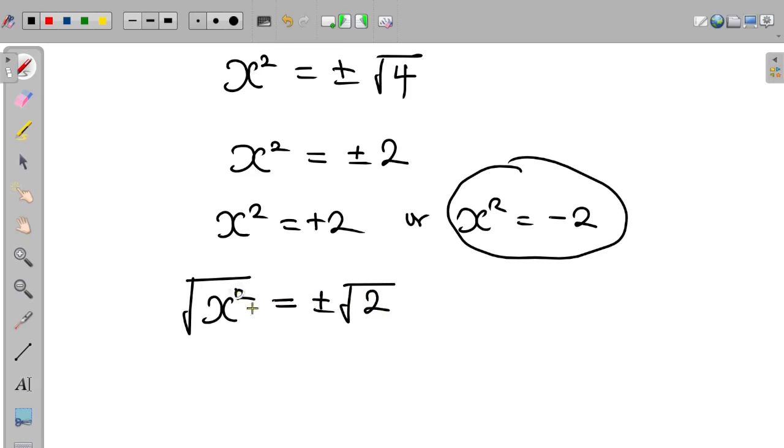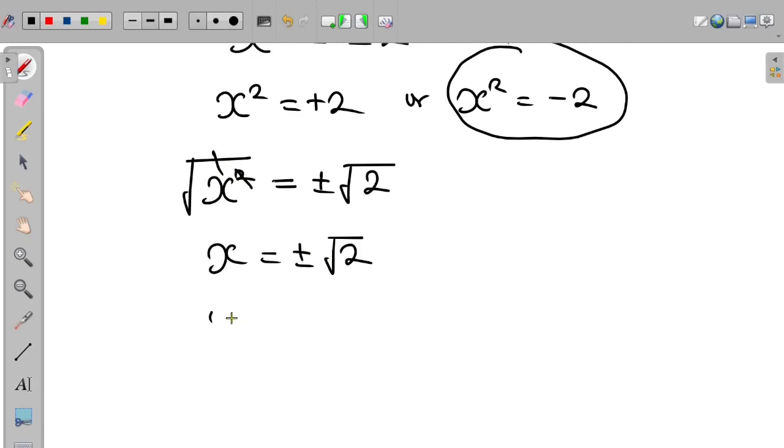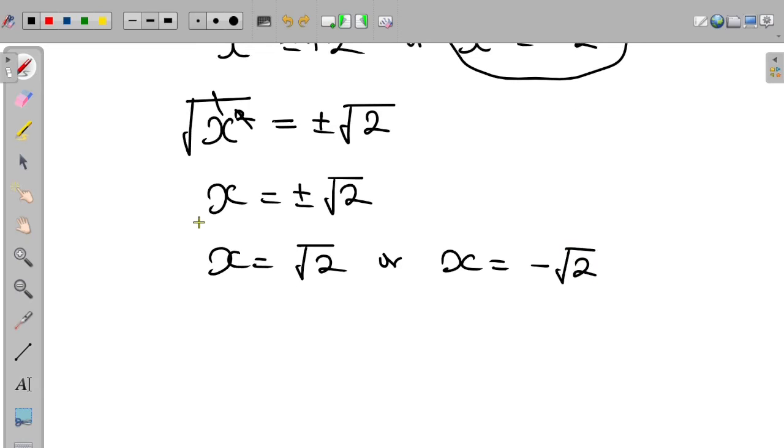Thus, square will cancel out root, so we have x is equal to plus or minus root of 2. Also, we have that x is equal to root of 2, or x is equal to minus root of 2. So therefore, the value of x is equal to root of 2, or negative root of 2.